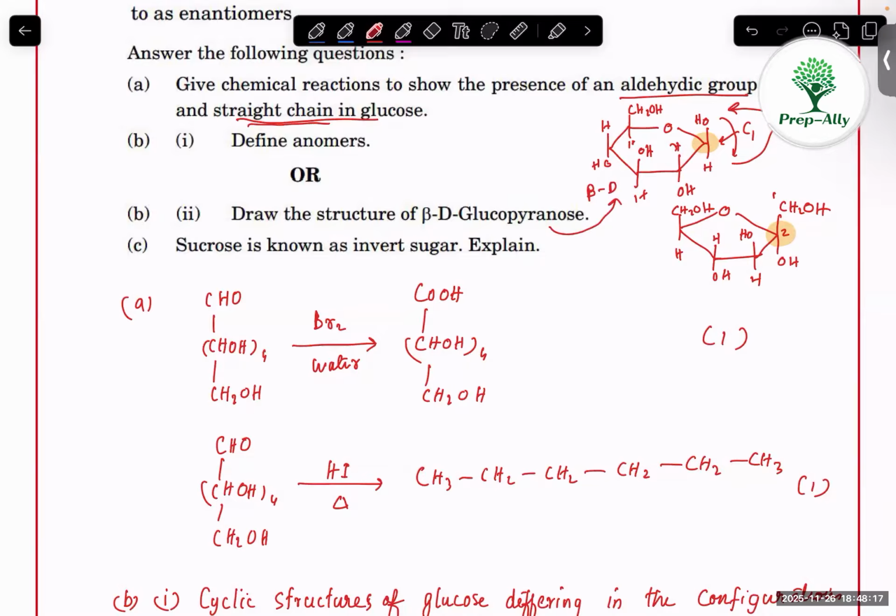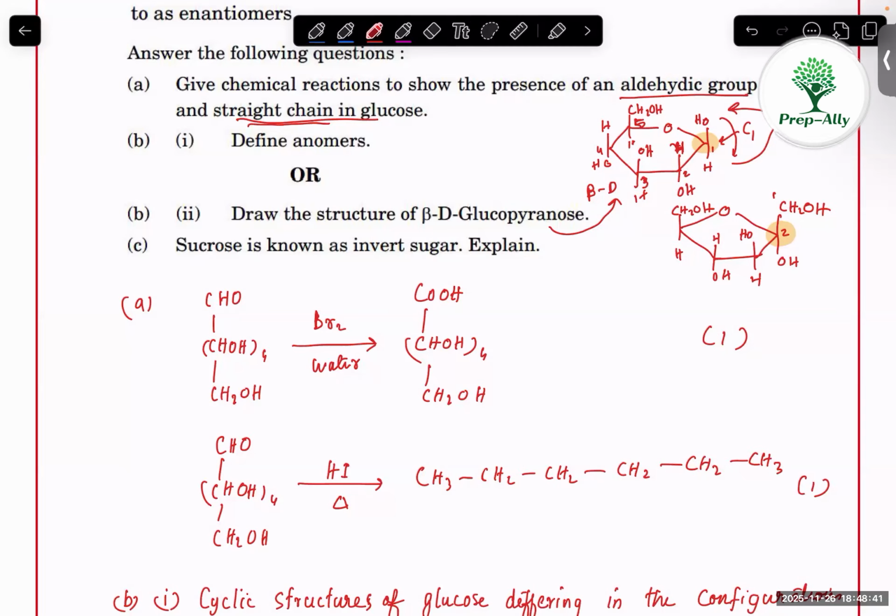So how do you remember this structure? That is the first question. So 1, 2, 3, 4, 5. See, except for the third carbon, in almost all other cases hydrogen is on the bottom, except for 3 and 5. H, OH, H, OH, H, OH, CH2OH.